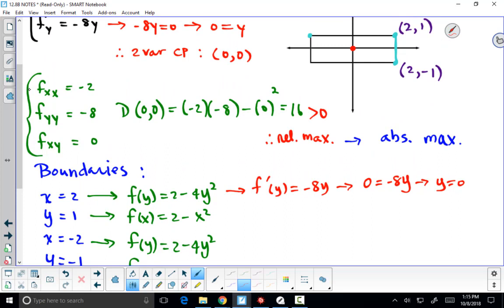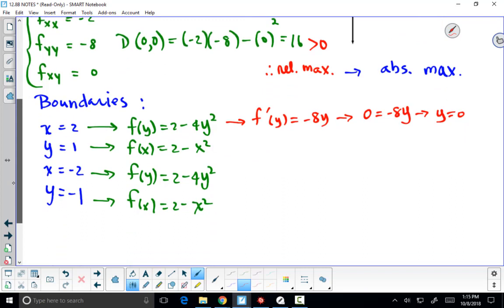And we're trying to decide, is that critical point in the boundary? Like, it's possible that maybe y was 4. And then y would not be on this boundary, so we would exclude it. But y equals 0 on this curve is right there. So that is definitely a one variable critical point that's interior to our interval, so it has to be tested as a potential absolute max or absolute min.